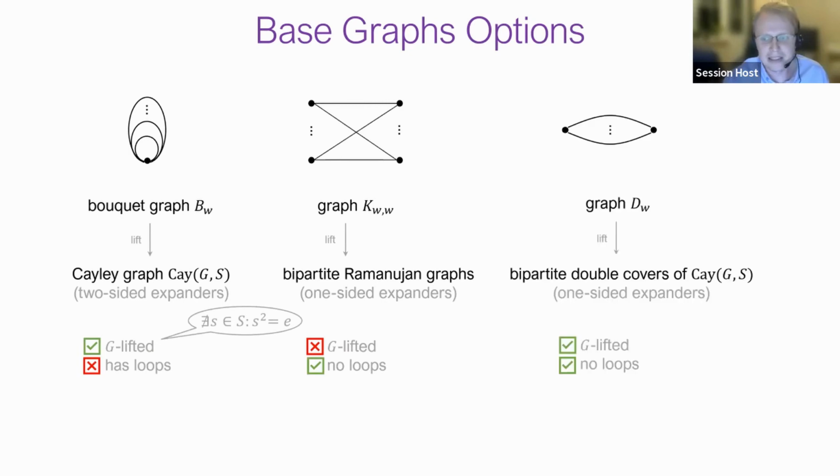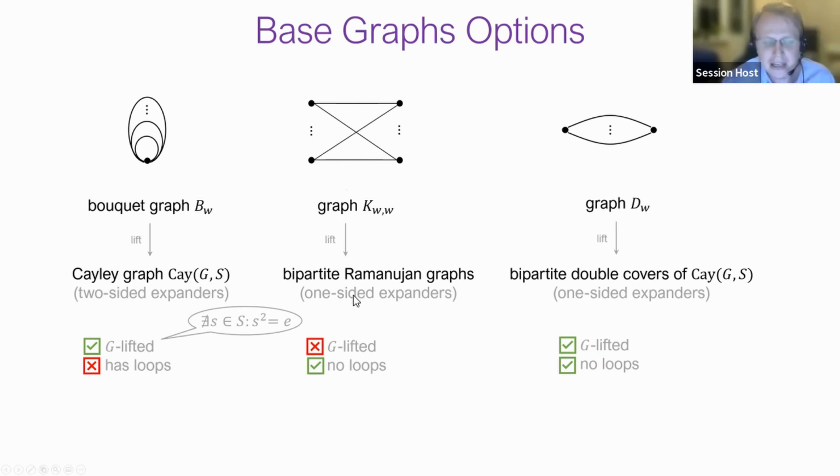So let me briefly say what options we consider for the base graph. We can consider the Cayley graph, which was used in the paper of Brookman and Eberhard. We can also consider, for example, this complete graph.